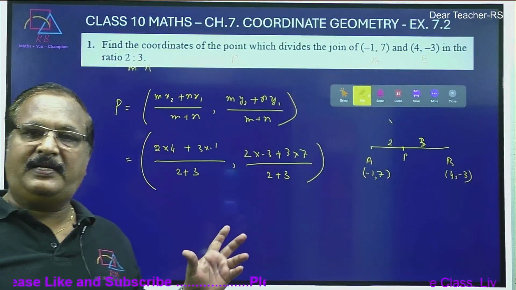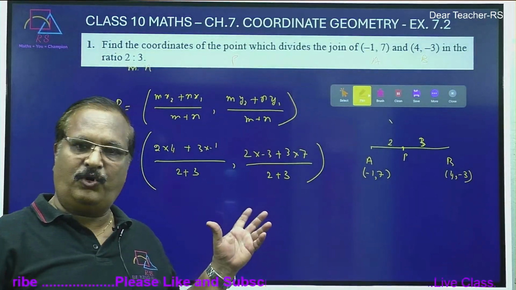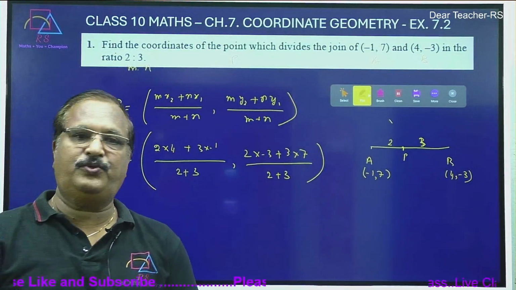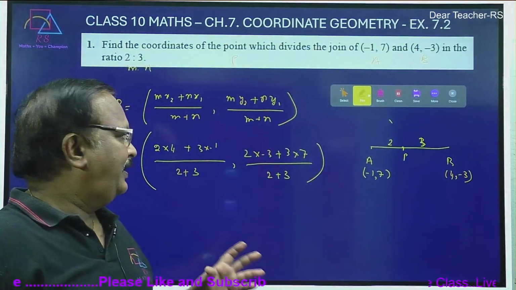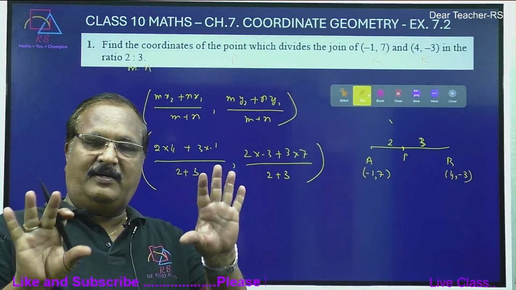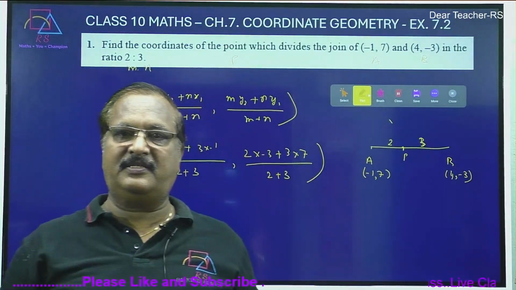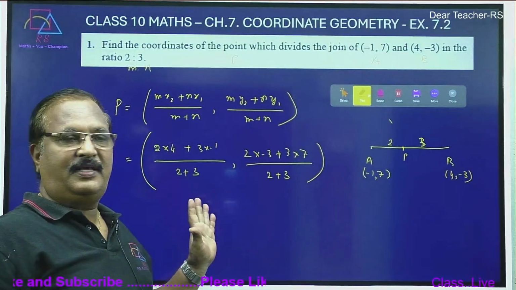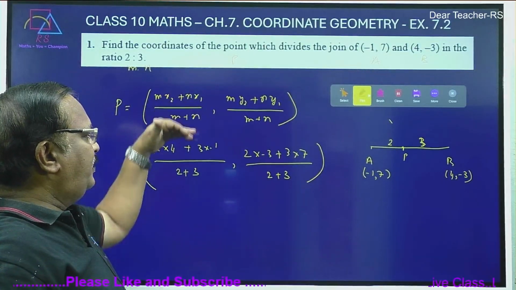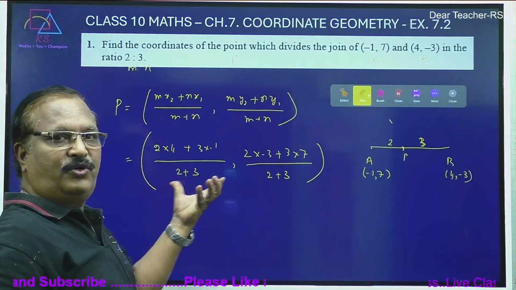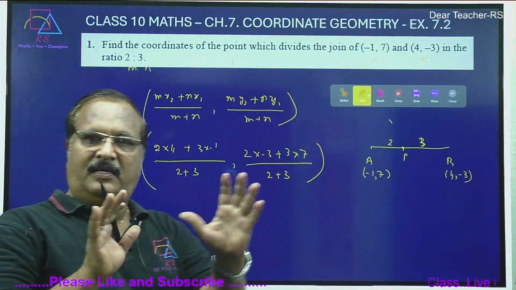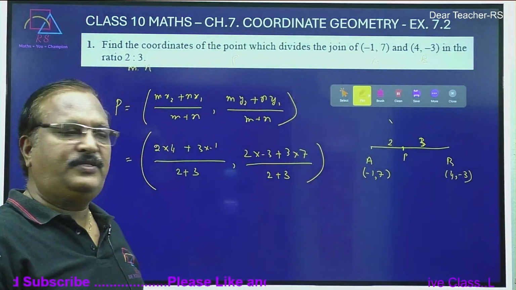So legibility takes a role in this. You need to write the things legibly. ऐसा थोड़ा आराम से स्पेस, बीच में स्पेस छोड़ के लिखेंगे तो अच्छा रहता है. लाइन बिटवीन लाइन टू लाइन, बिटवीन एक्स कोऑर्डिनेट टू वाई कोऑर्डिनेट, थोड़ा लेजिबिलिटी मेंटेन करेंगे तो इजी हो जाता है.